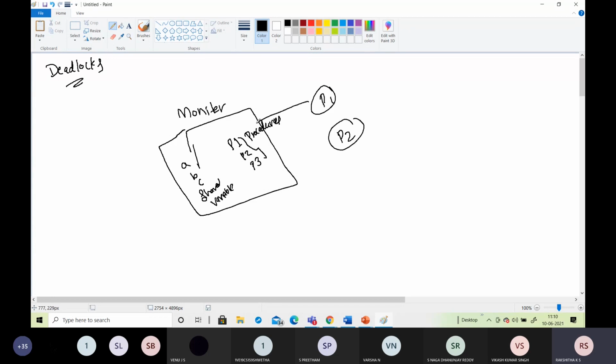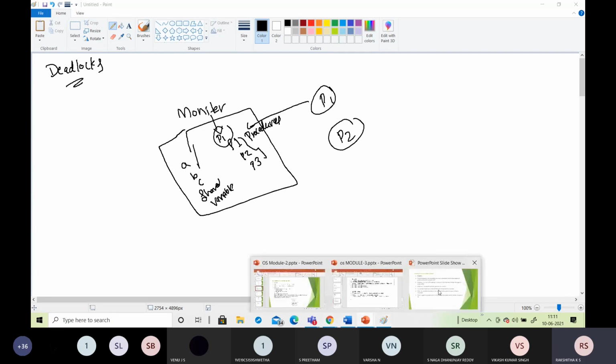If P1 has entered the monitor, what will happen? The monitor will either suspend that particular P1 or resume it.